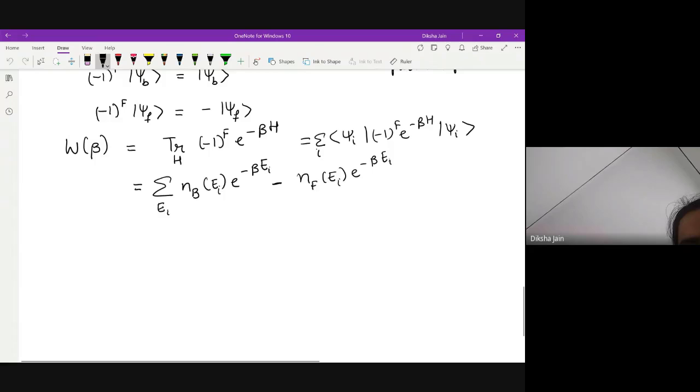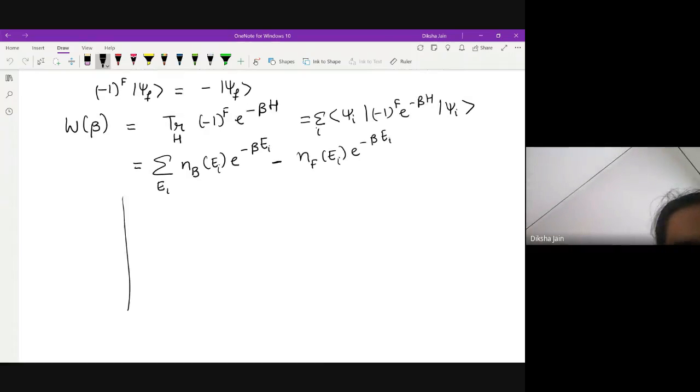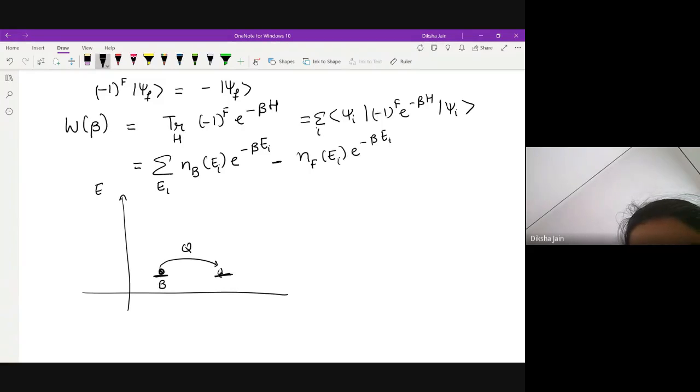Now we also know what I have told. For any non-zero energy, if I have a boson, I can apply the operator Q to get a fermion at that energy. So if I had two bosons at some energy, I can apply Q to one and then Q to another to get the fermions at that energy.